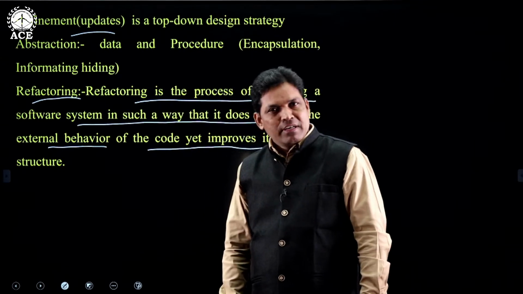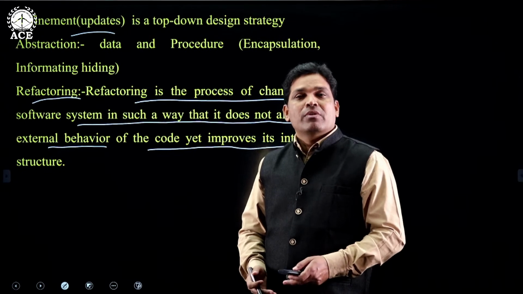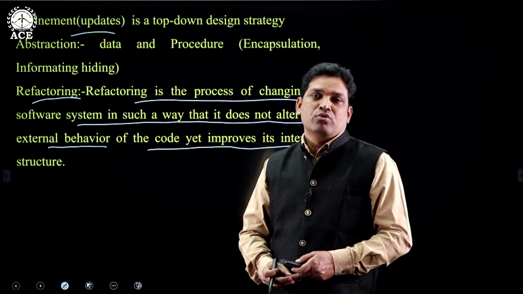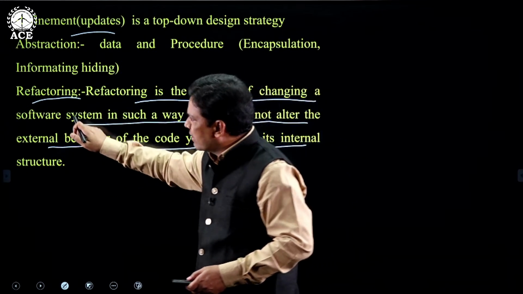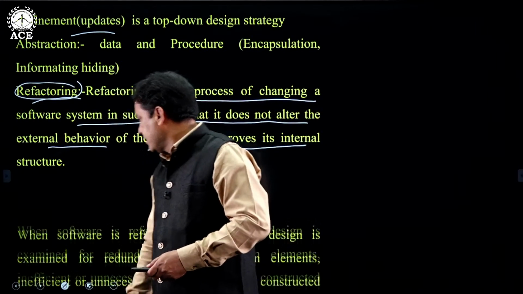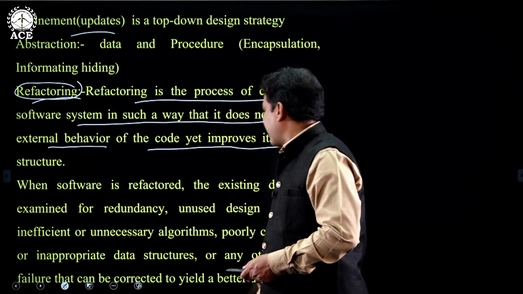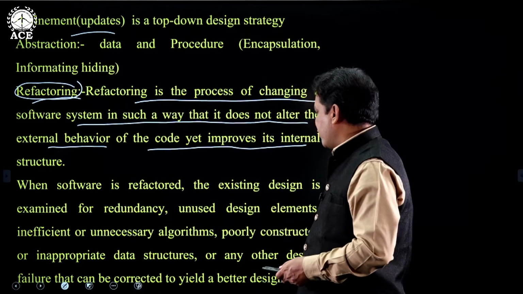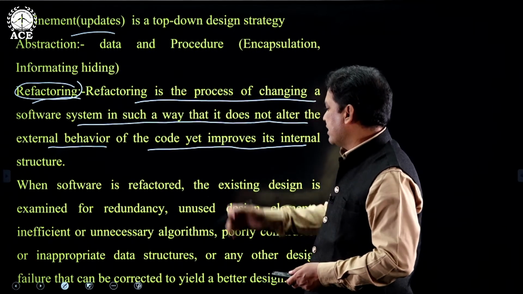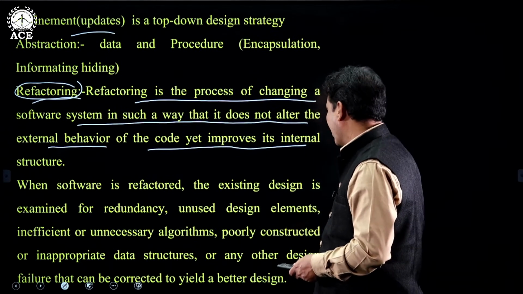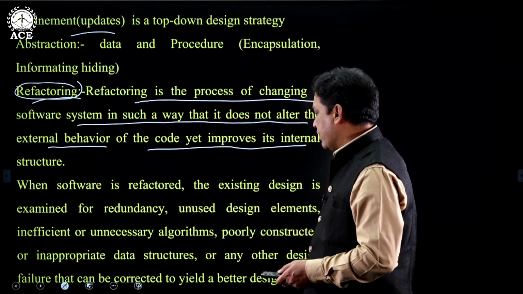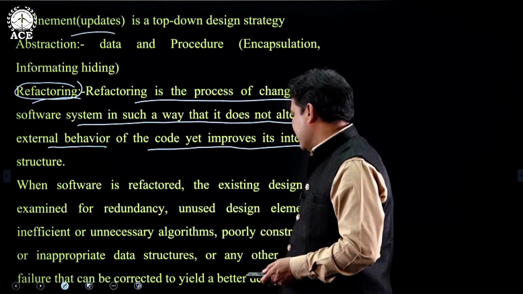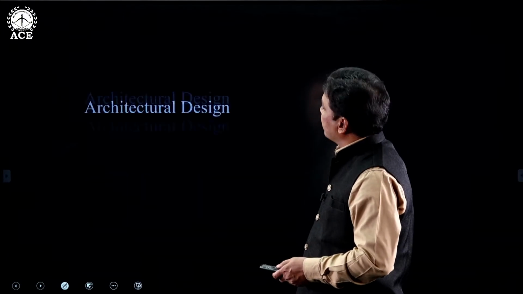Whenever we change the software system to improve quality, its external behavior should not change. When software is refactored, the existing design is examined for redundancy, unused design elements, inefficient or unnecessary algorithms, poorly constructed or inappropriate data structures, or any other design failure that can be corrected to yield a better design.